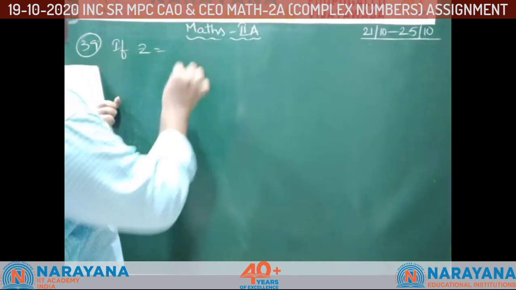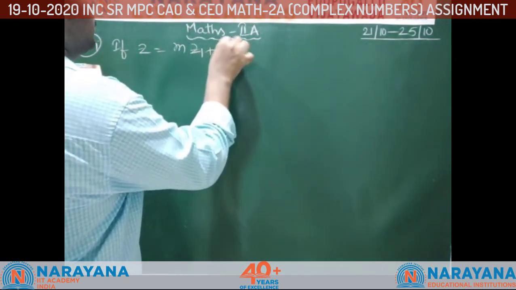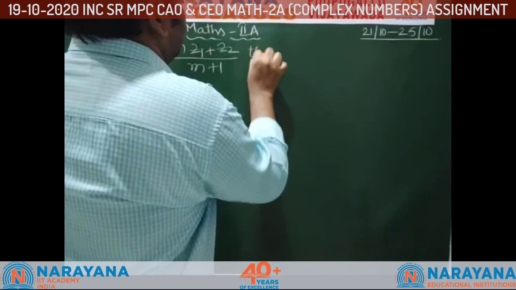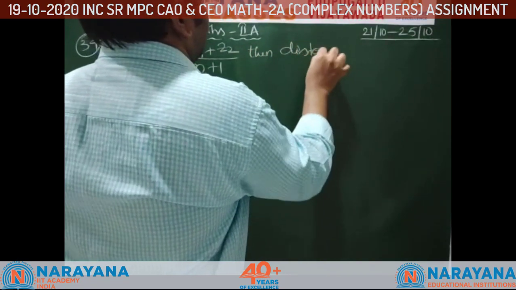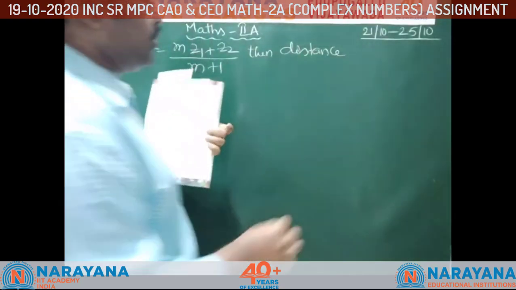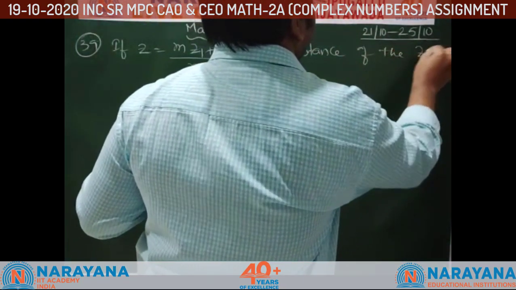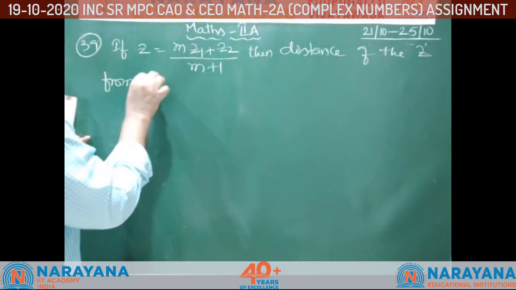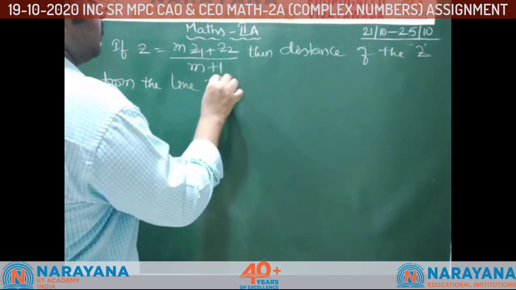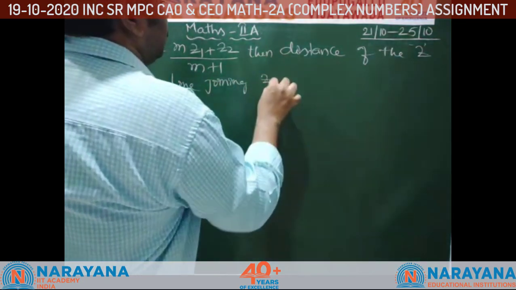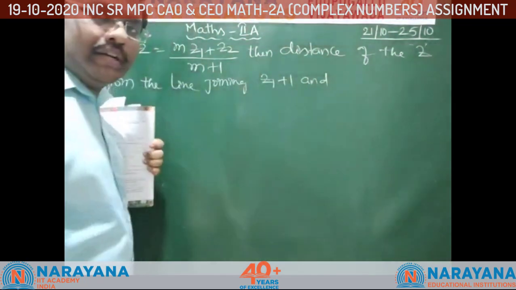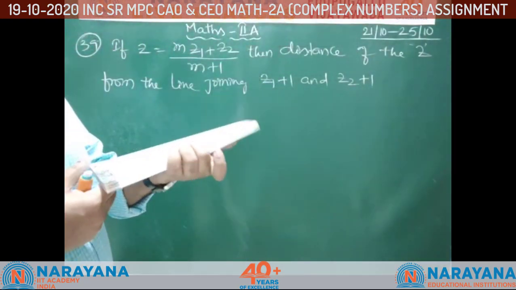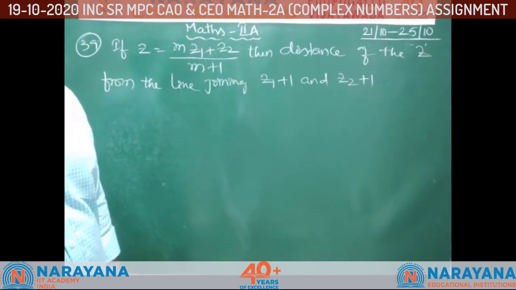If z is equal to (m z1 plus z2) by (m plus 1), then the distance of the point z from the line joining z1 plus 1 and z2 plus 1.